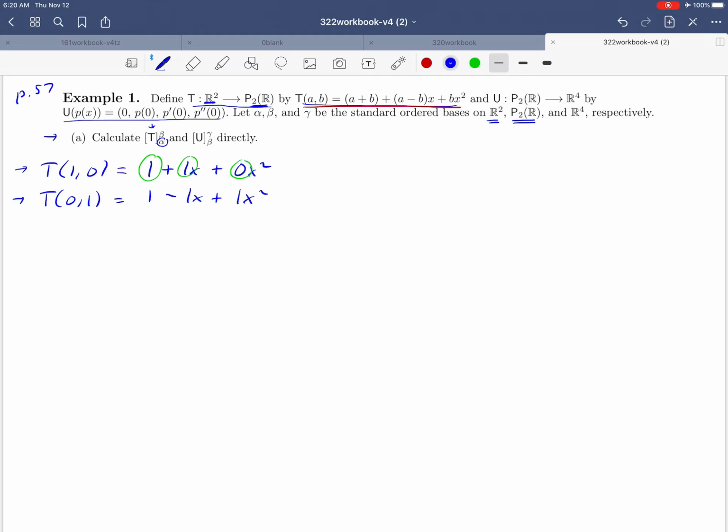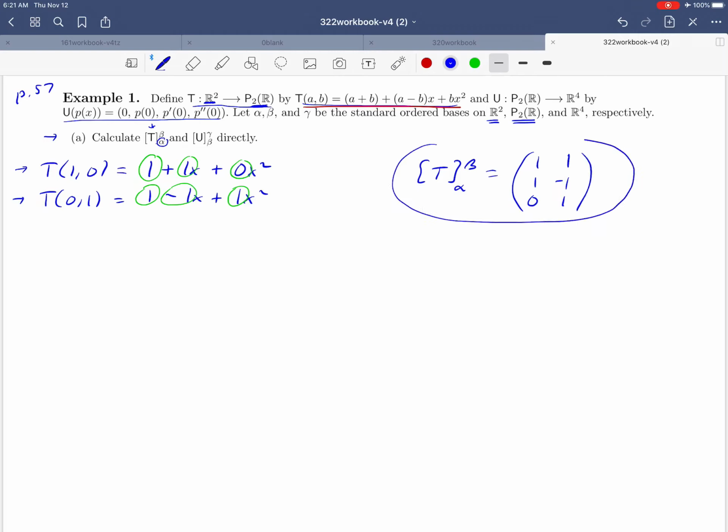The numbers I just circled should be the first column of our matrix for T, so that's going to look like 1, 1, 0. Then the second column is those three numbers: 1, negative 1, and 1. All right, we're halfway there. So that's the matrix of our first transformation.